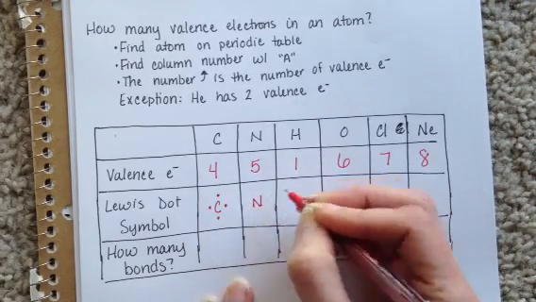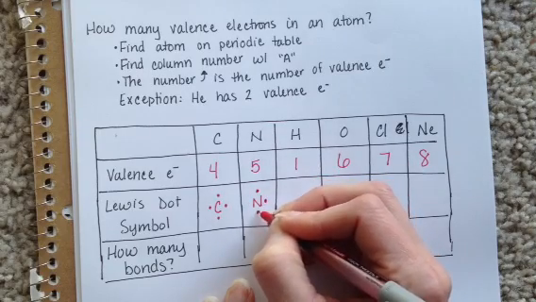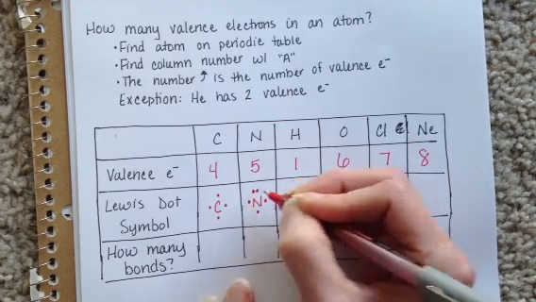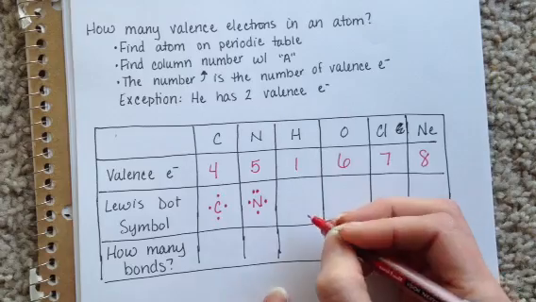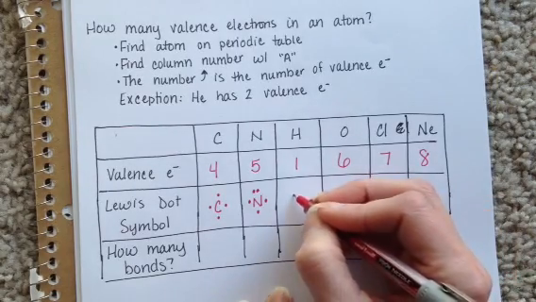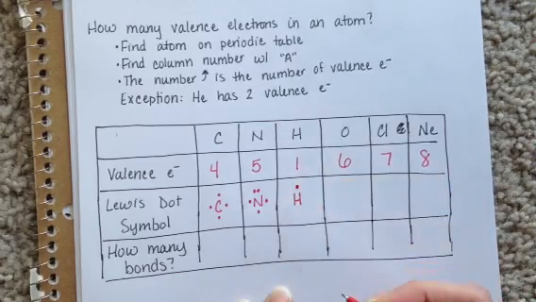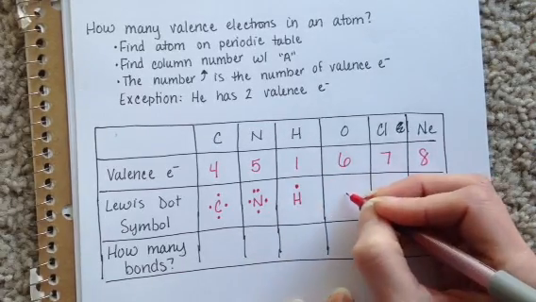So nitrogen with 5 valence electrons is going to have 1, 2, 3, 4, 5. And if you just create Lewis dot symbols by going around the clock like that, you'll never mess them up. Hydrogen with 1 valence electron has 1 dot in its Lewis dot symbol.